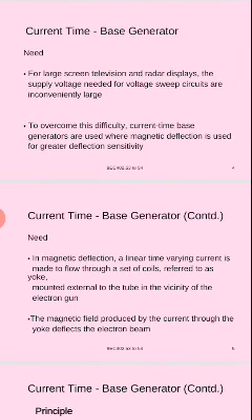Other generators are not suitable for TV and radar equipment. Hence, we go for the current time base generator.